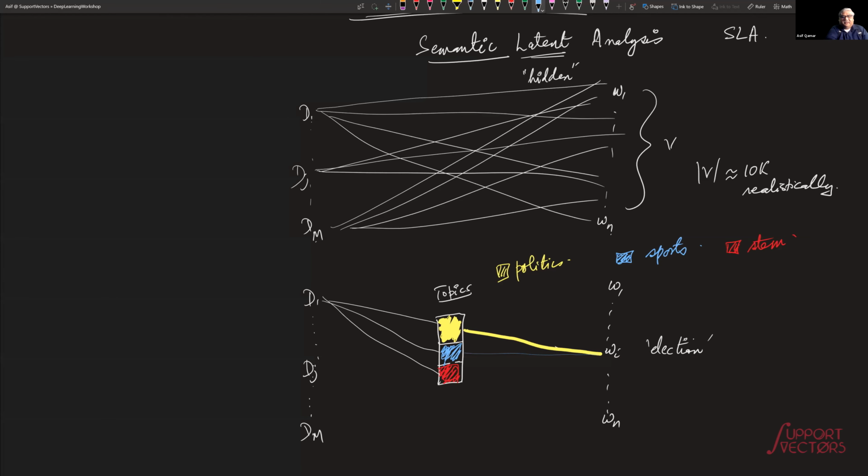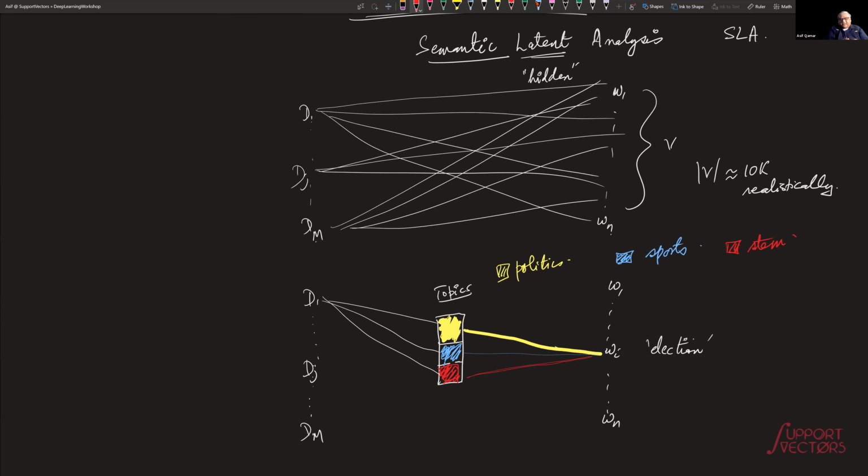And for the red one, I would draw a line that is a little bit thicker. I hope the thickness of the line conveys that the word election contributes far more to, or is associated far more with, the topic of politics than with the topic of STEM fields, isn't it? And even less to sports, perhaps.